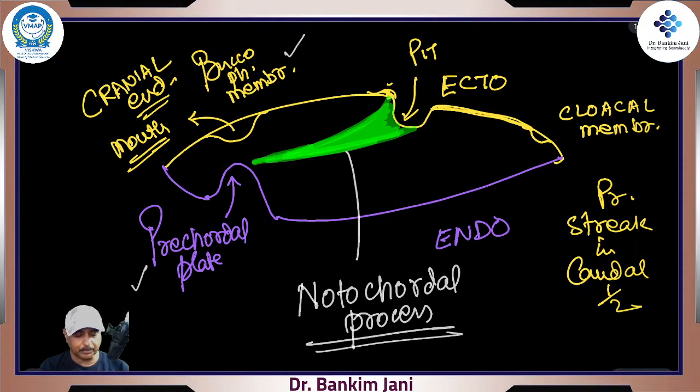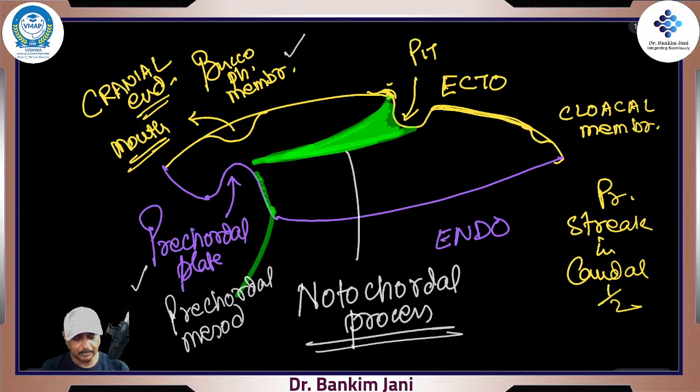The posterior portion of precaudal plate leads to few of the cells, and they are called as the precaudal mesoderm. So these cells are precaudal mesoderm, right? And these are the mesoderm cells, because we just said that they will be going underneath, between ectoderm and endoderm.